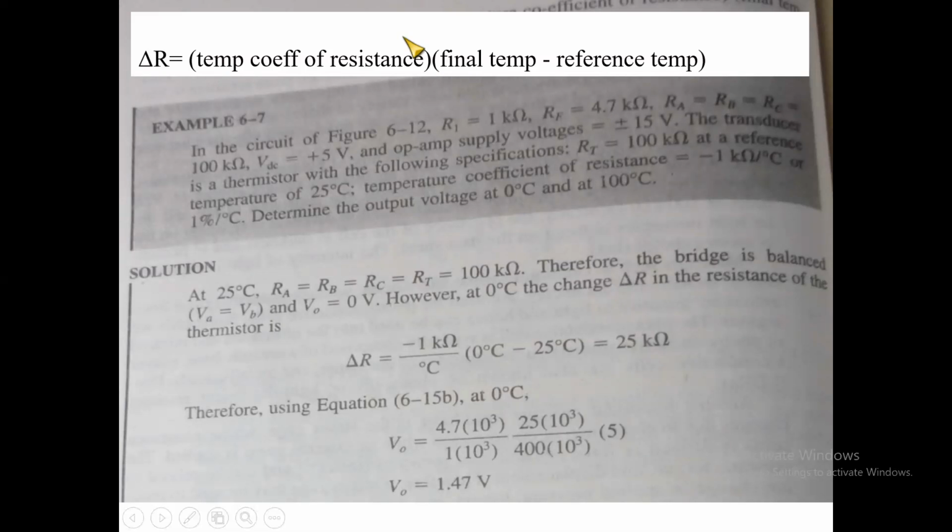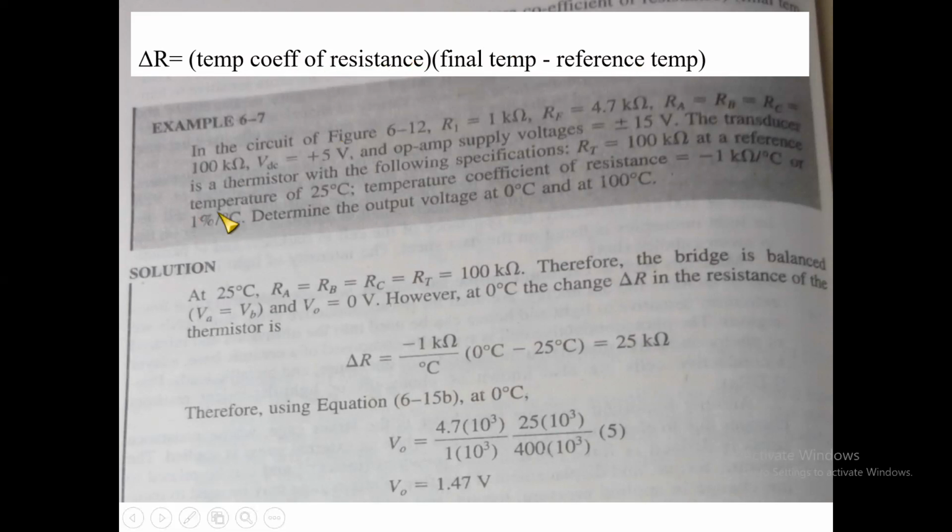The reference temperature will be 25 degrees. The final temperature is what we have, might be 45 degrees or 15 degrees or whatever. Then we have the temperature coefficient of resistance, that is, how much resistance is changing per degree centigrade.